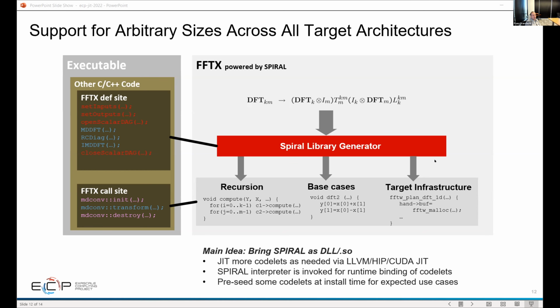It might stitch together codelets, or it might invoke the actual entire runtime compilation stack, depending on whether you're running on a CPU or a GPU, how well the software stack for the particular target is developed, and how much you can pre-build at deployment time because you know the applications and you know the problem sizes. In the worst case, if it's something FFTX has seen for the first time ever, it will have to run the entire runtime compilation right there. If it's things that show up time and again, the equivalent of FFTW wisdom is invoked, and we will cache partial results on the way wherever we are.